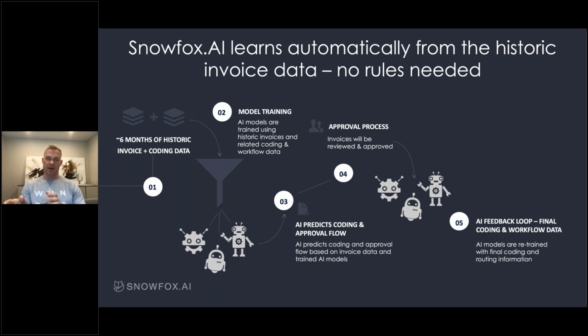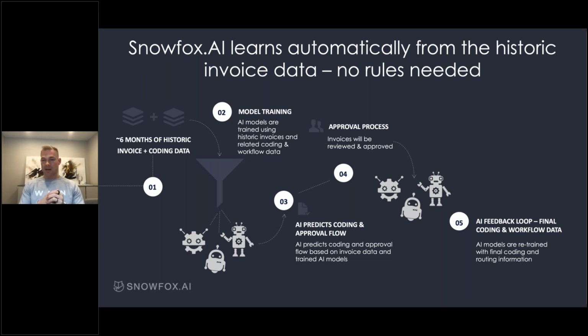So AI can compare that, okay, in the beginning of the process, these codings I predicted, and at the end of the process where the invoices are being sent to payments, these are the final codings. So AI compares if everything was correctly predicted or if there were any changes made in the process.